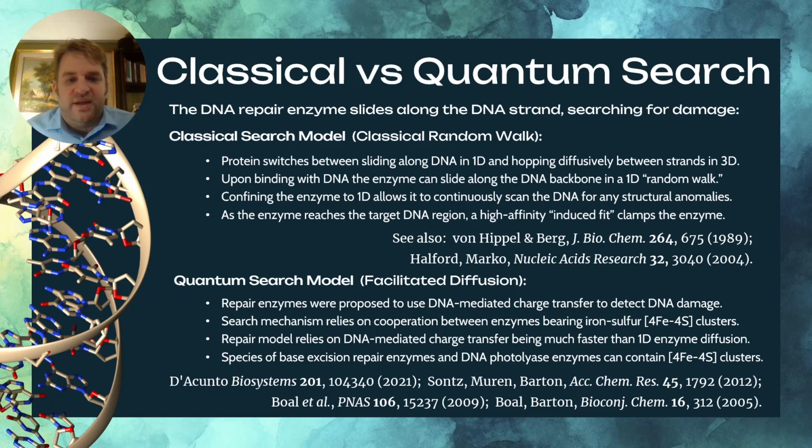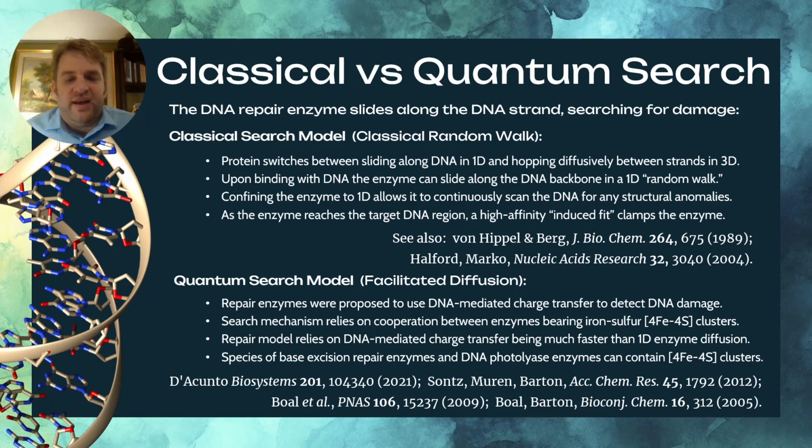That means that the protein slides along the DNA strand in the one dimension defined by the strand, occasionally hopping diffusively to another strand in 3D. When it binds to the DNA strand, the enzyme slides backwards and forwards randomly, moving along in what a physicist would call a random walk.